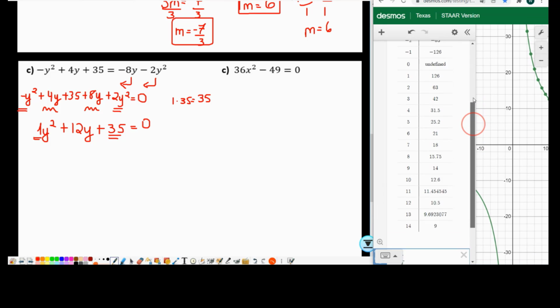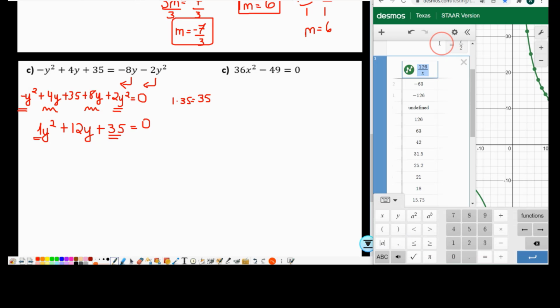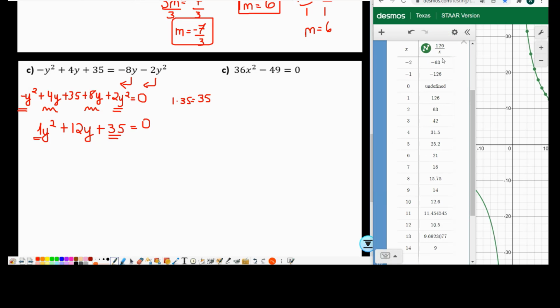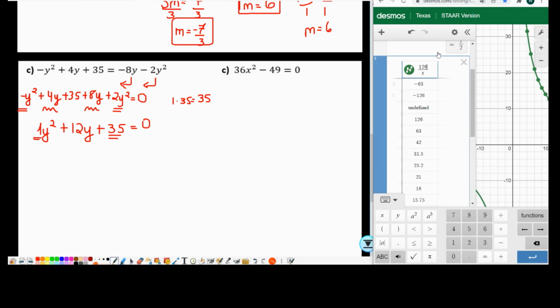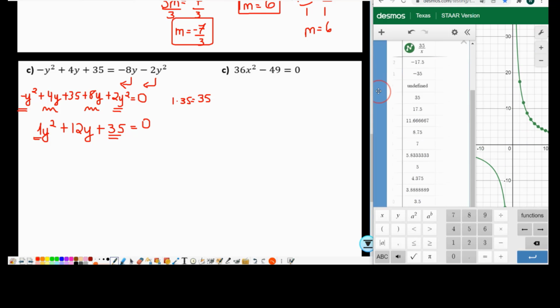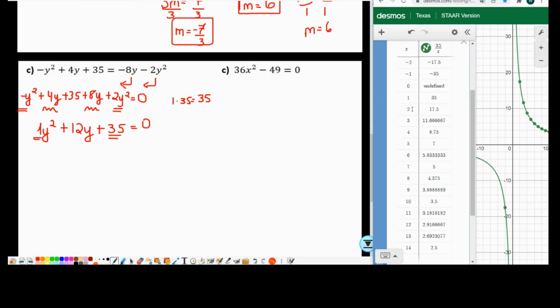Just going to go up here and we're going to click on the 126 and we're going to change that to 35. Then click the blue area and right there is my new table. So the numbers that give me 35 is 1 and 35. 2 does not work. 3 does not work. 4 does not work. The next one that works is 5 and 7.